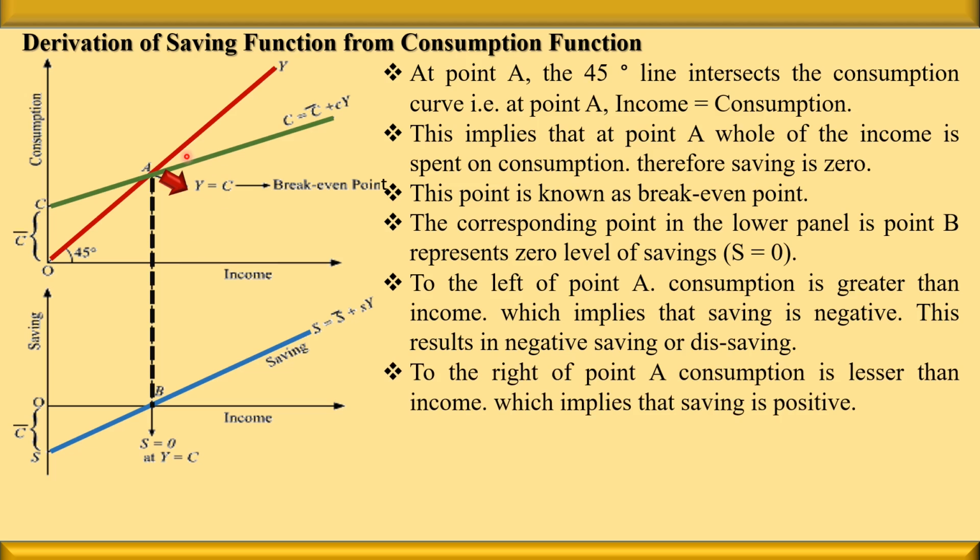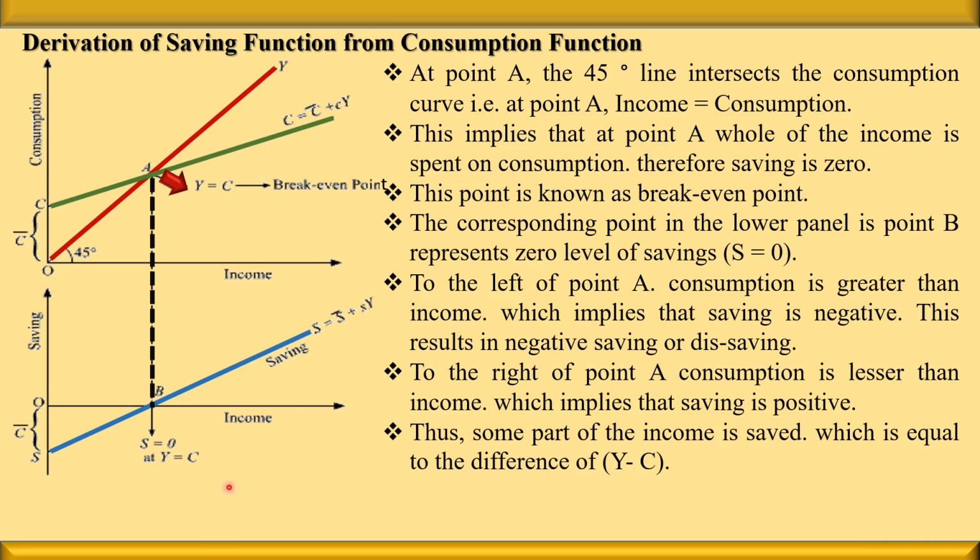To the right of the break-even point, consumption is less and income is greater. It means that saving is positive. Thus some part of the income is saved, which is equal to the difference between income and consumption.